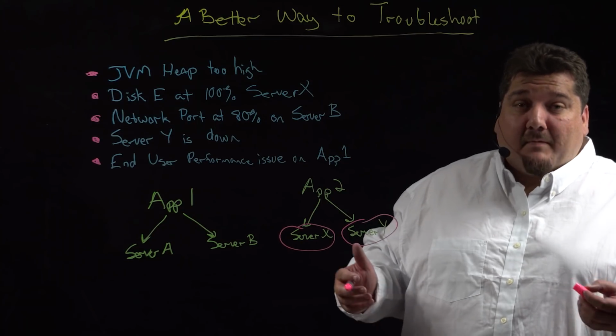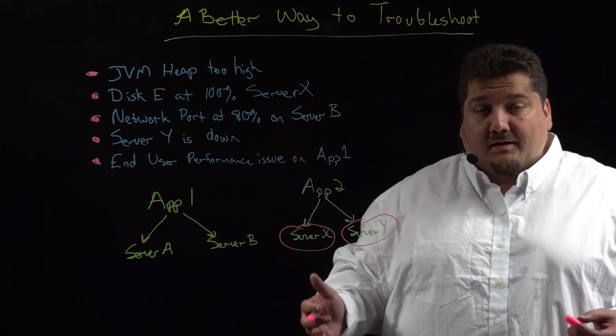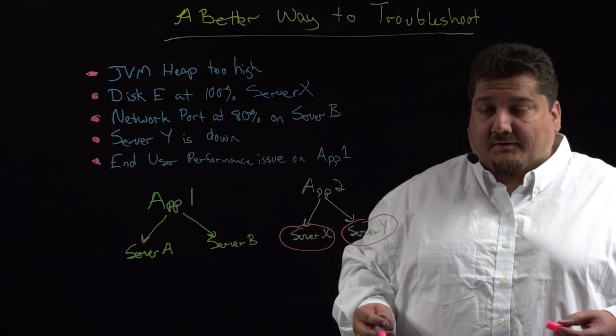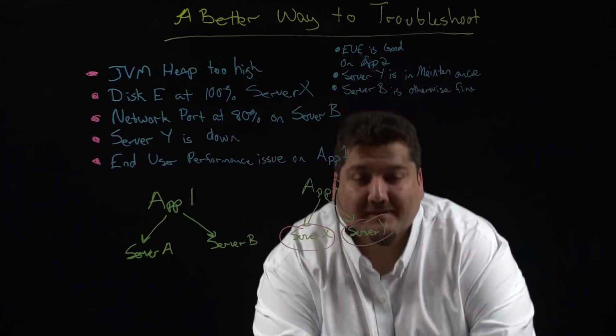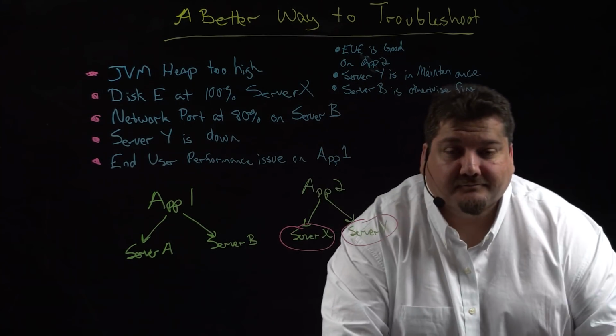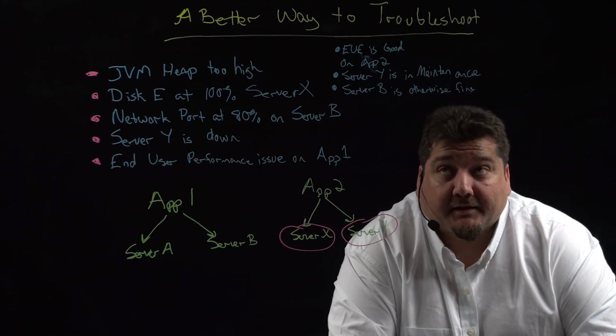Now, that might be true if you don't have any other context. So let's add just a little bit of context here. Now we're getting into a lot of information that we can glean.